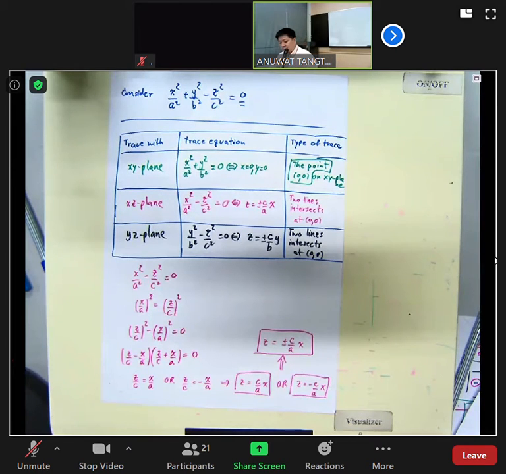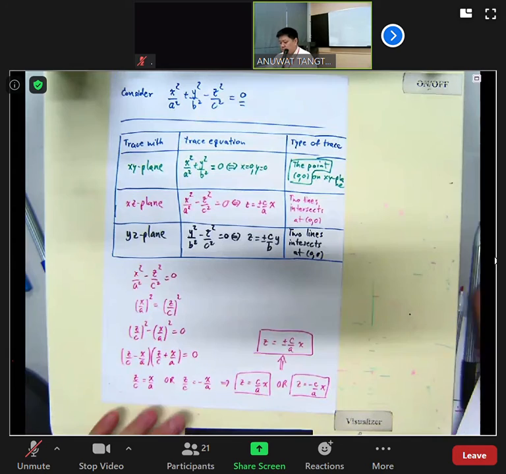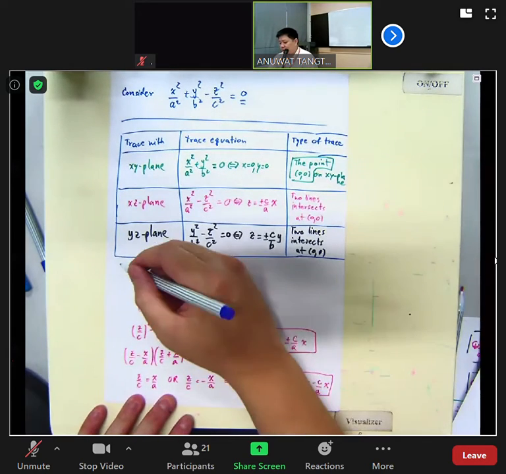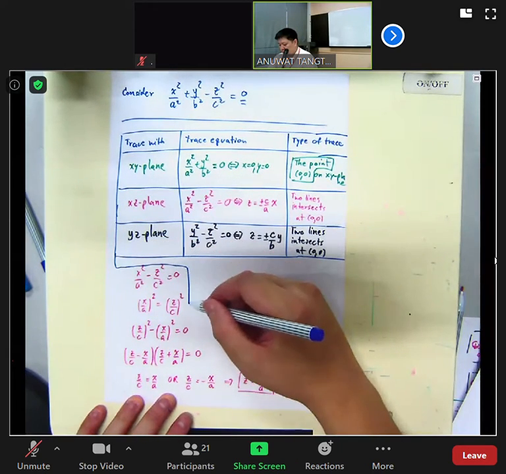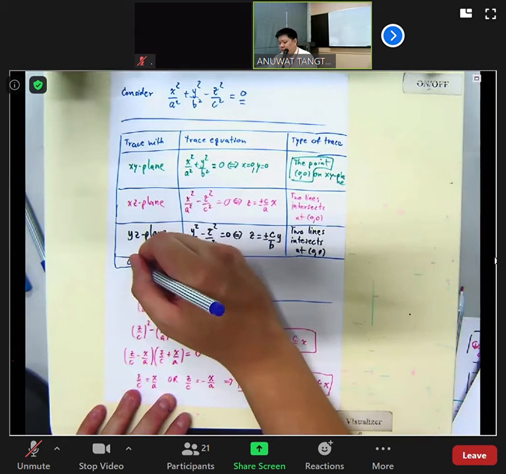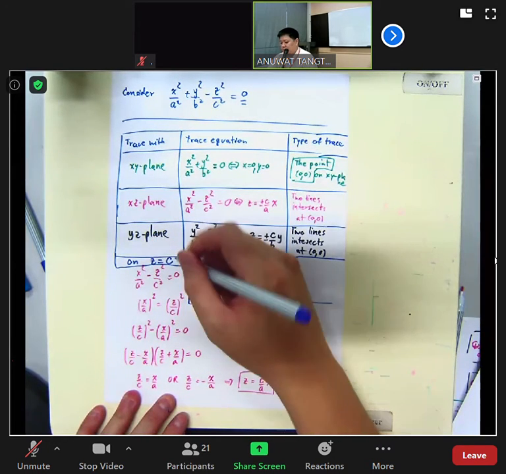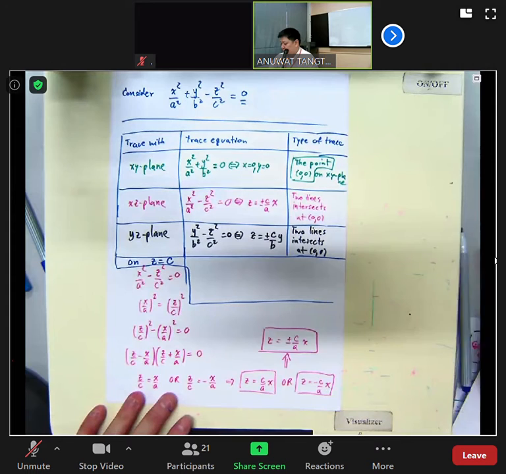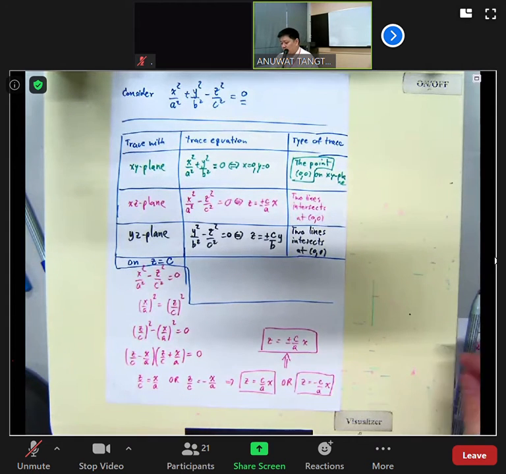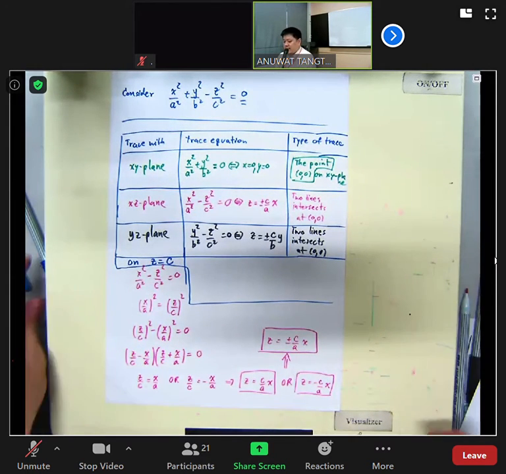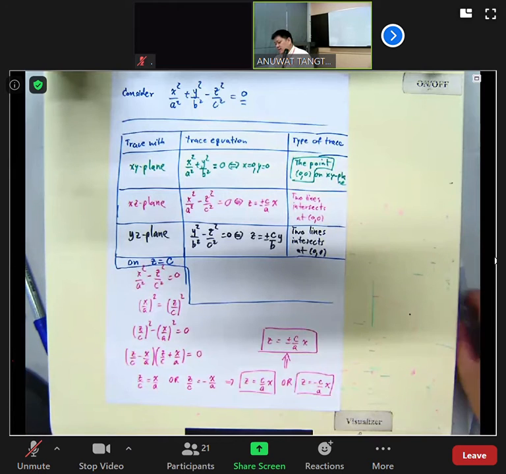Now it's time to draw this, but now let me do one more. What about on the plane z equal to c? We are going to do some more so that we might get a better graph.